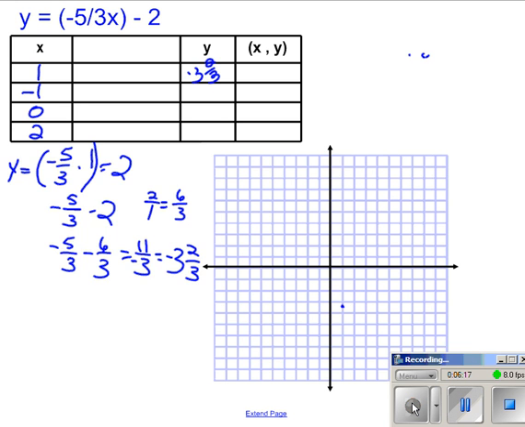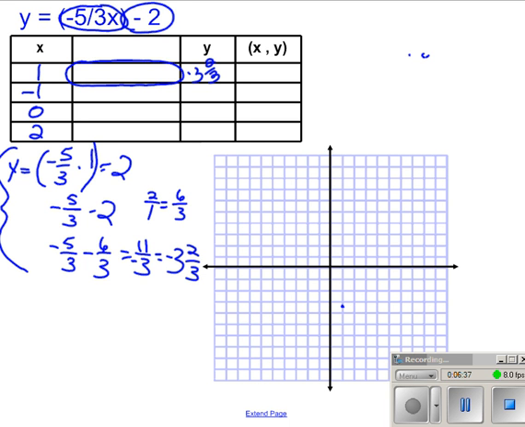All right, this one is going to be a little more complicated, as you can see. I chose my x values, and instead of just writing my first equation there, because I can see that I'm going to have to be multiplying fractions and then subtracting fractions, I'm taking each one and doing it separately as an equation.